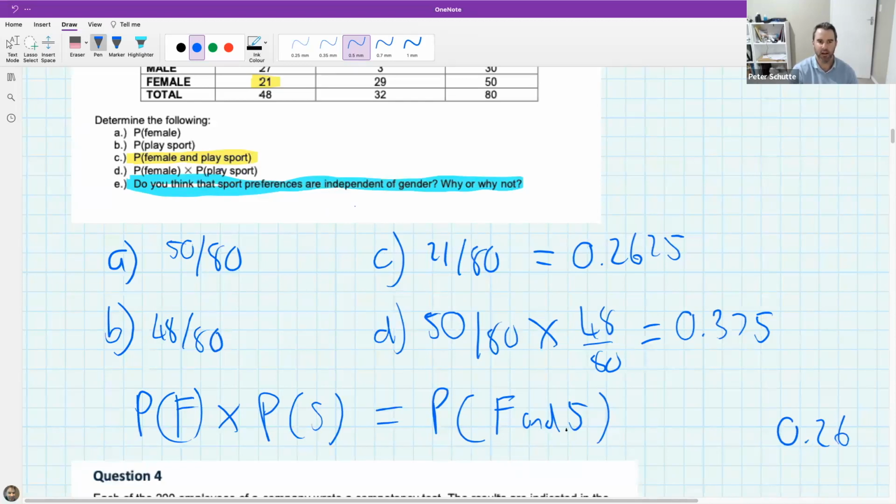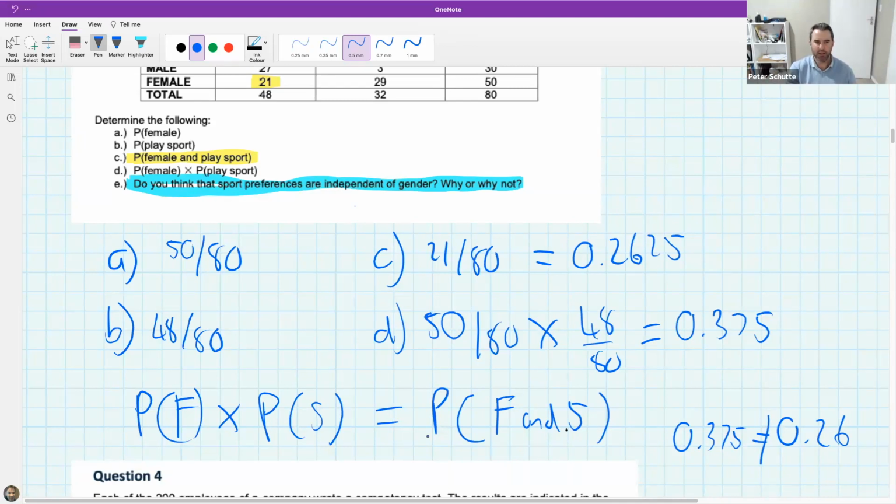And female times play sport was D, which is 0.375. So are these independent or are they not independent? They are not independent because this equality doesn't hold. And that's all we have to check: if we want to know if they're independent, the equality holds. If they're not independent, then it doesn't hold.